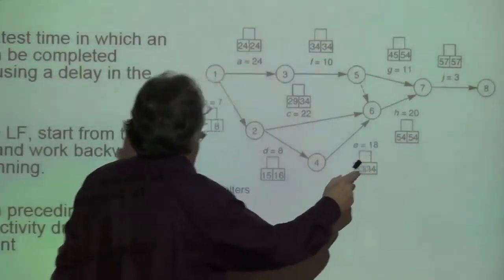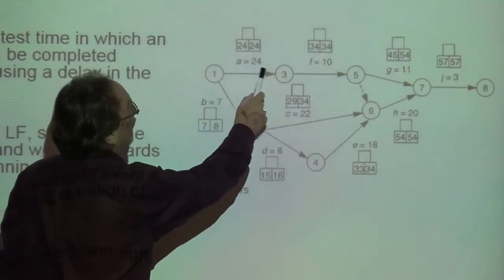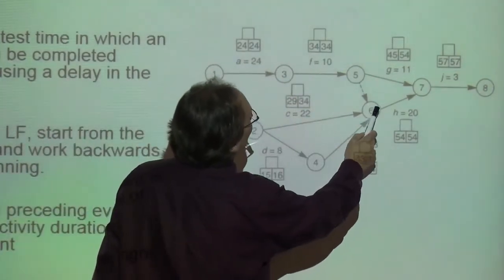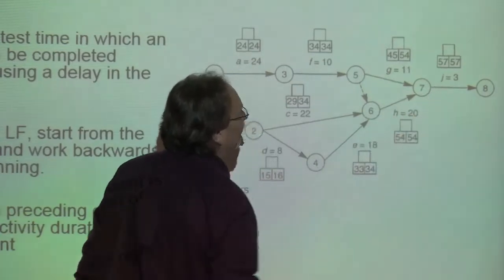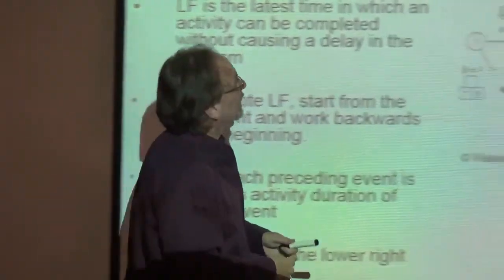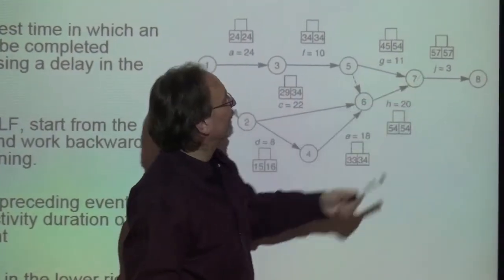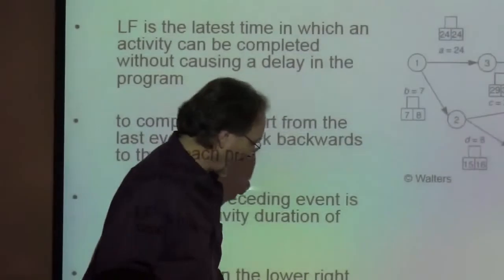Our critical path is A, F, H, and I. Since that's our critical path, the latest finish and the earliest finish are going to be the same. That's how you trace that.